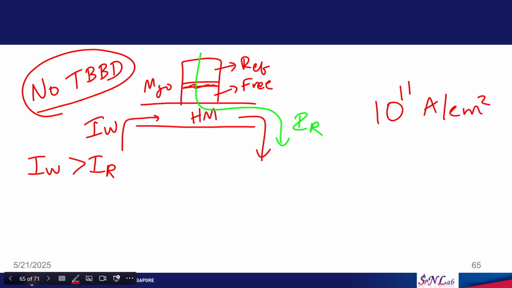So, the current density is typically 10 times lower. If current can be 10 times lower, power can be like 100 times lower. Okay, so, these are some of the advantages of spin orbit torque MRAM.